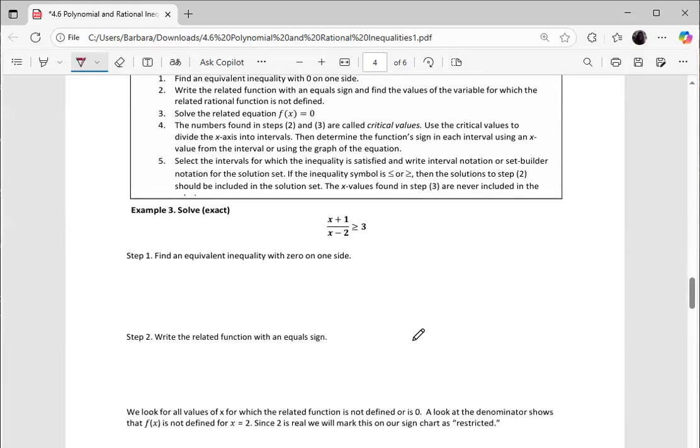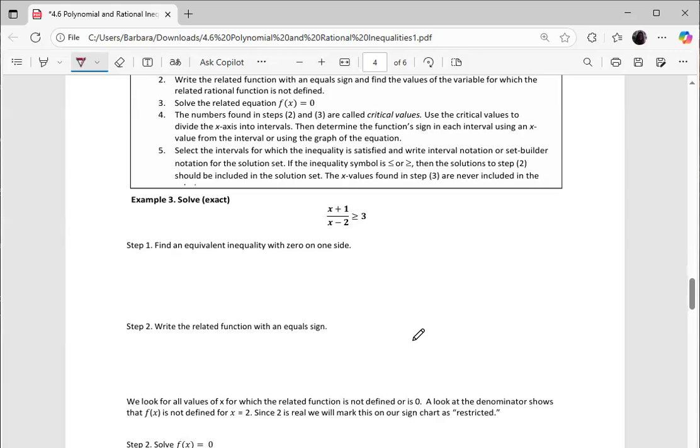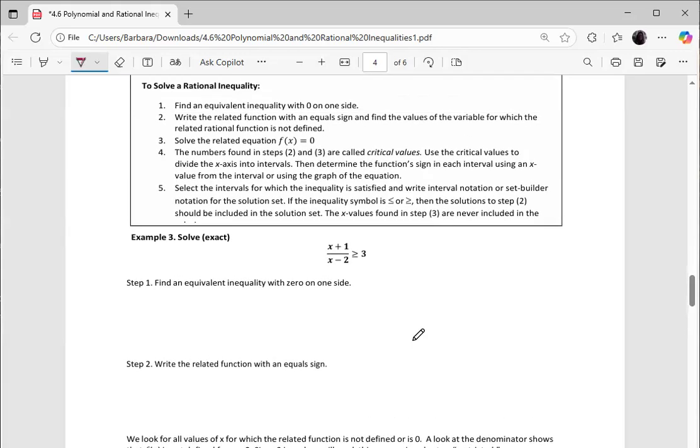So in example 3, we have the rational inequality x plus 1 divided by x minus 2 is greater than or equal to 3. So step 1 says to find an equivalent inequality where 0 is on one side.